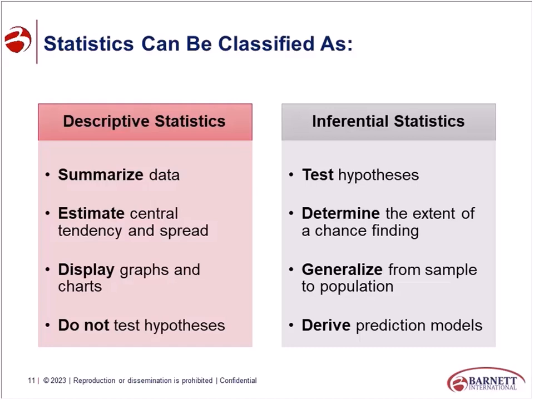There are very few trials that are really interested in knowing if the intervention works on their small sample. What you wish to do is take the small sample of patients in your clinical trial and be able to generalize the results to everyone. Inferential statistics is also used to derive prediction models, meaning identifying risk factors that increase or decrease a person's risk of having an outcome.